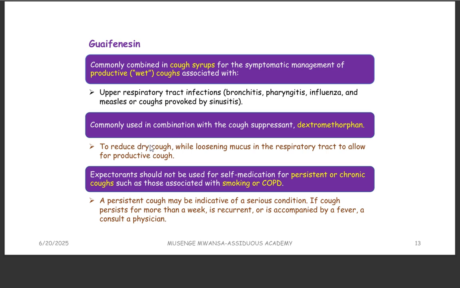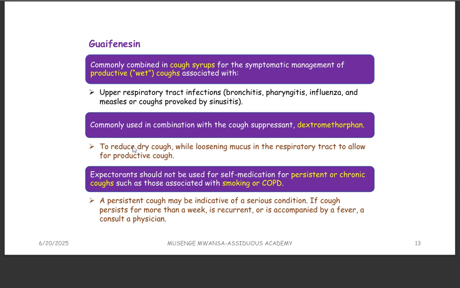To reduce the dry cough, while loosening mucus in the respiratory tract to allow for productive cough. Okay, so if someone has got a dry cough, the cough suppressant can be used. And then you can also loosen the mucus in case you have got a productive cough.